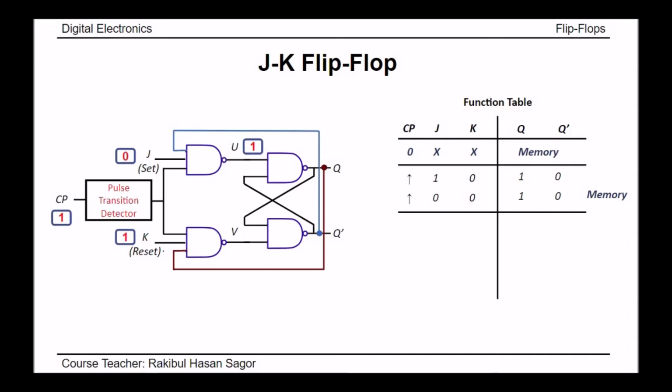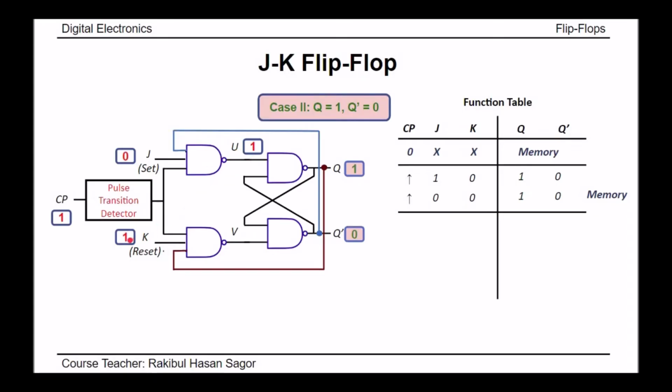Now let us see another case where we will consider q equal to 1 and q prime equal to 0, the previous case. That means the previous output of q is equal to 1 and q prime is equal to 0. So as j equal to 0, we can say the definite output of u is 1, right?